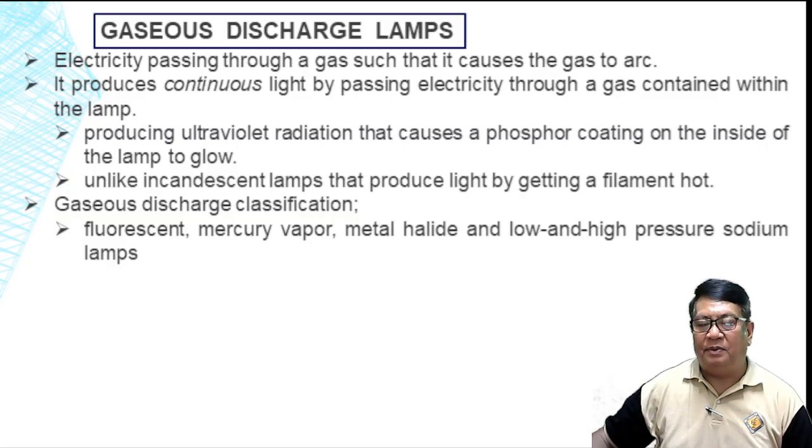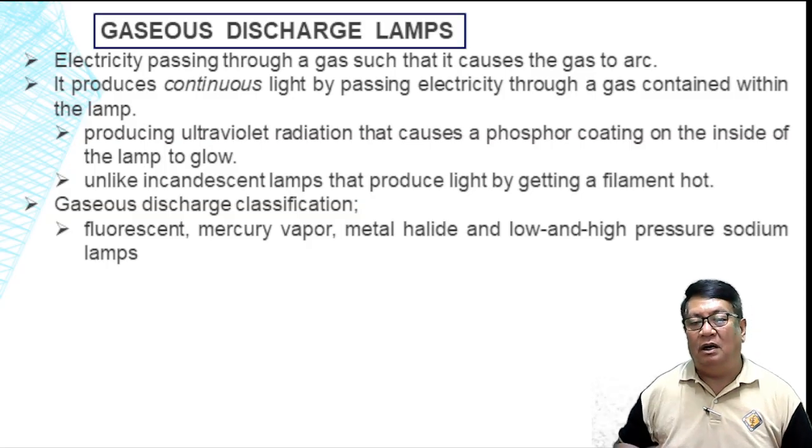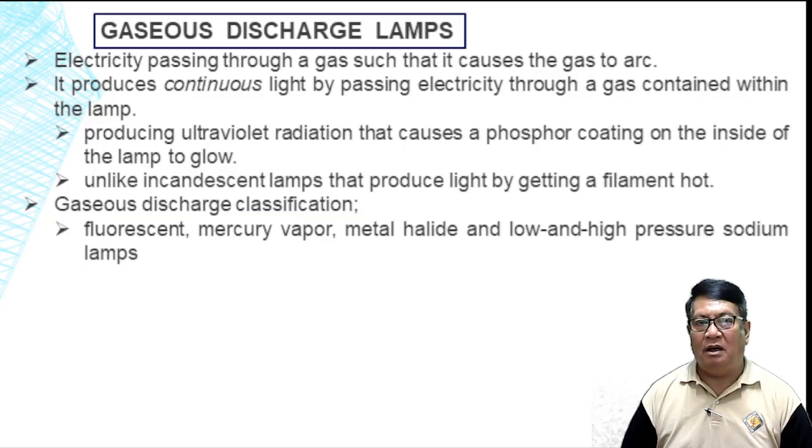This produces ultraviolet radiation that causes a phosphor coating, something like a white powder coating, on the inside of the glass to glow. Unlike incandescent lamps that produce light by getting a filament hot.